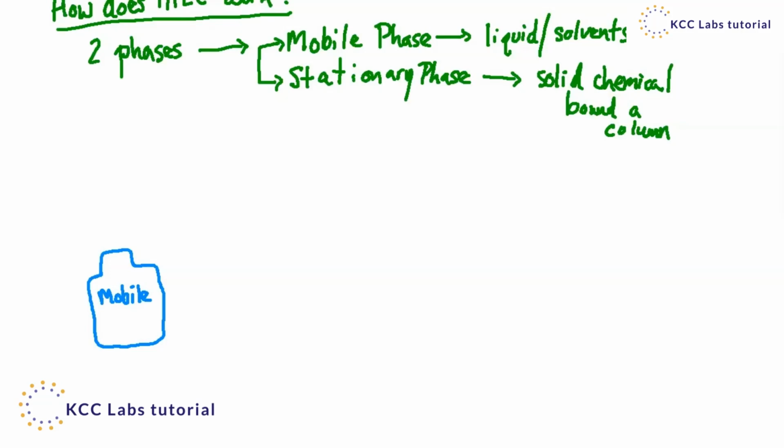All right, but in general, you're going to have your bottles filled with mobile phase, and the mobile phase is going to be connected into the HPLC. It'll go through the pumps. It also goes through something called a degasser, which we will talk about in a couple of minutes. But the idea is that eventually, along with your compound that is injected, it's going to find its way onto the stationary phase, which is your column.